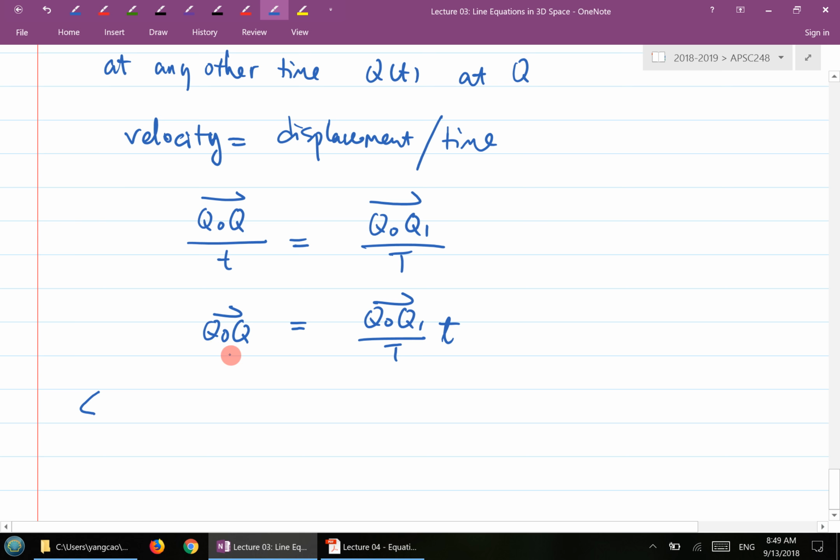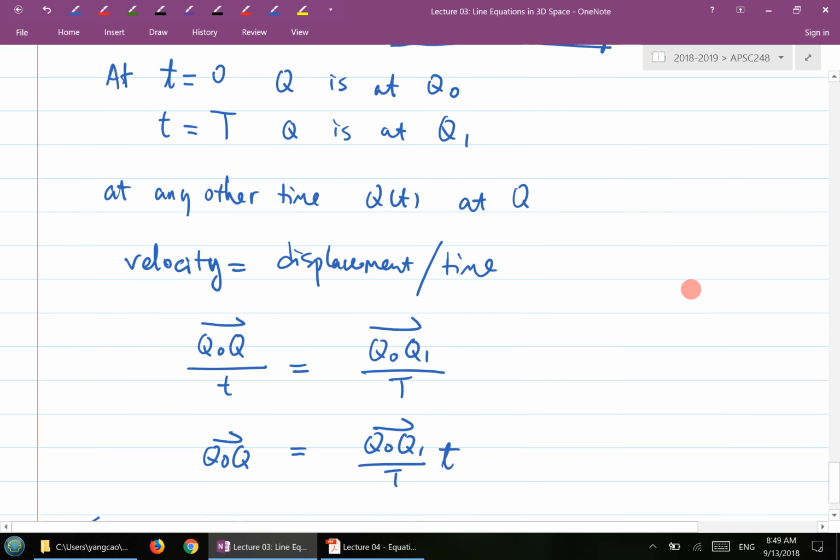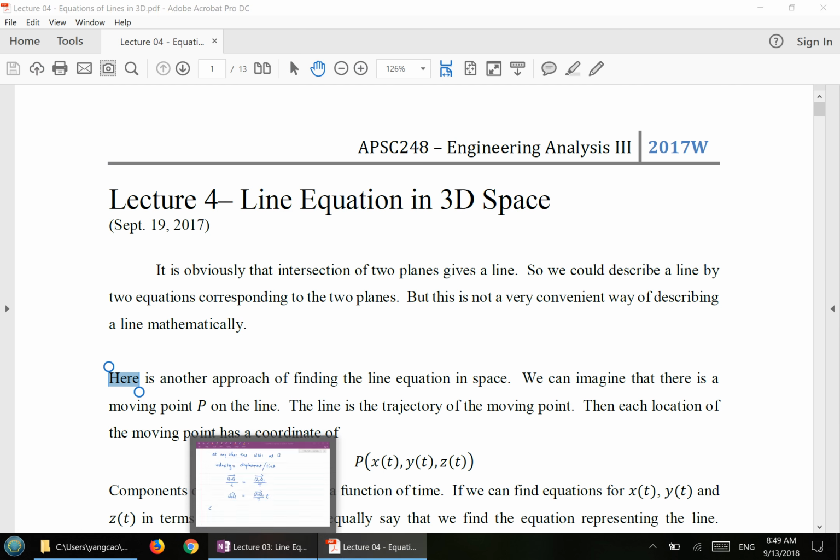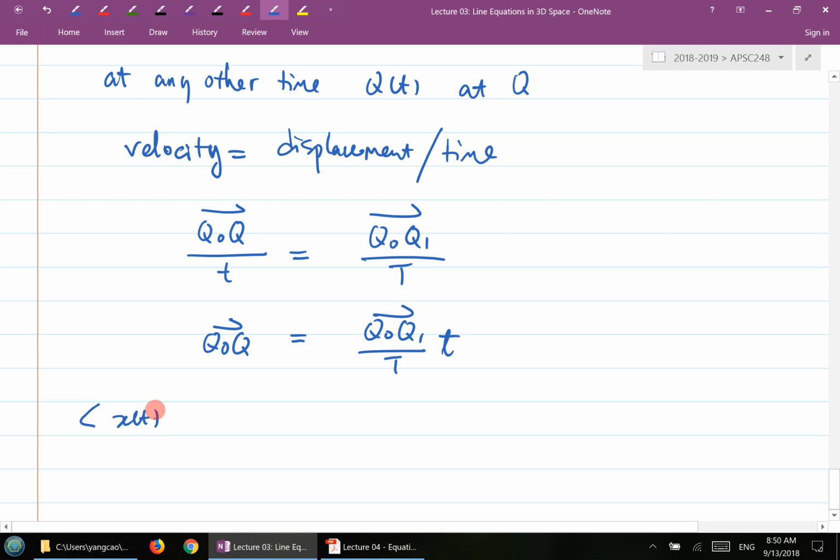So Q0Q, and what will be my Q coordinates? It's x of t minus the coordinates of Q. The coordinate of Q is -1, so -1 becomes a +1, and then y of t minus 2, and z of t minus 2.